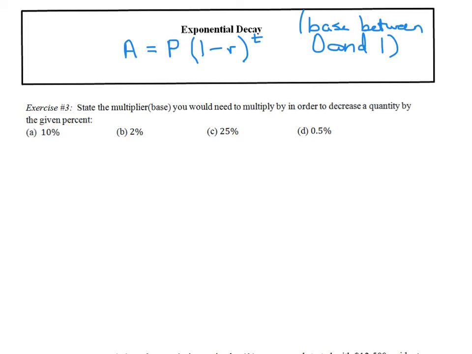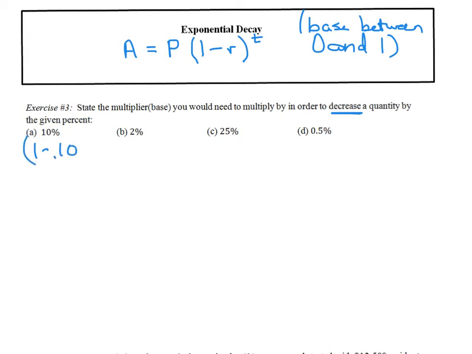Exercise 3 says, let's state the multiplier, or the base, that I would need to multiply by in order to decrease a quantity by the given percent. So this time we're given that the rate is equal to 10%. Because I'm decreasing, because I'm doing exponential decay, my multiplier is going to be 1 minus, convert 10% over to a decimal, so that would be 0.10.